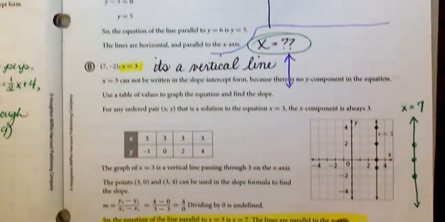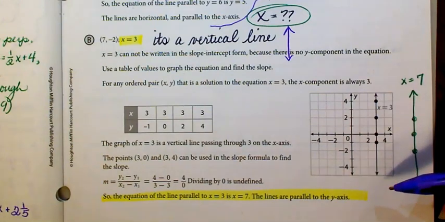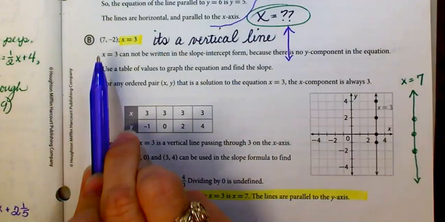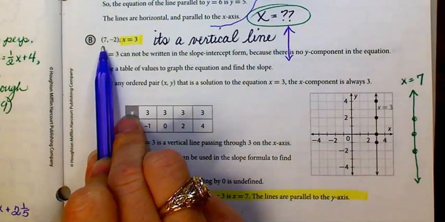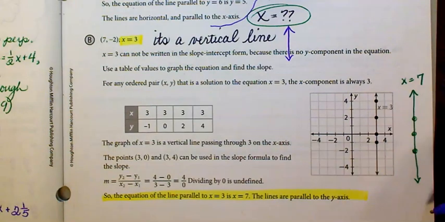Down here, I gave you the original line, and over here I made room, it's off the graph, but if it's going to go through a point with an x value of 7, then it's going to be a vertical line at x equals 7, because any point along that line is going to be (7, something).